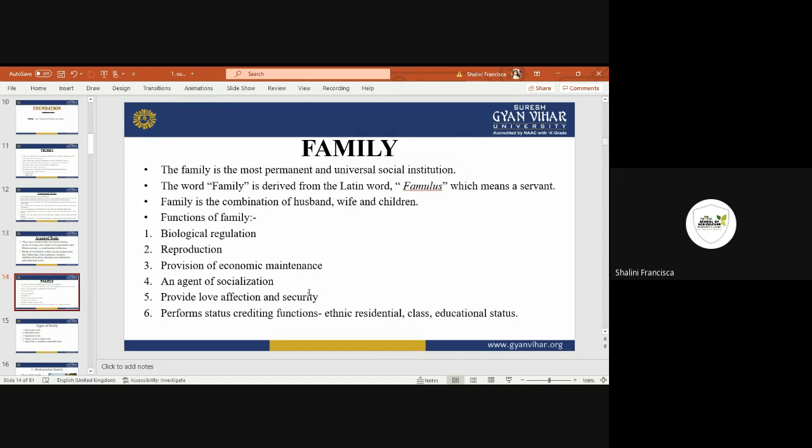Then provision of economic maintenance. Everybody needs a family to balance their economic wants, so that they can have a proper income inflow and everybody can meet their needs. Then agent of socialization.